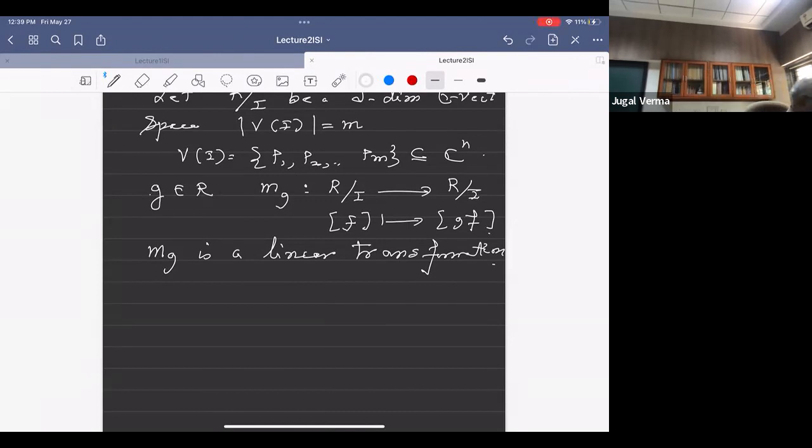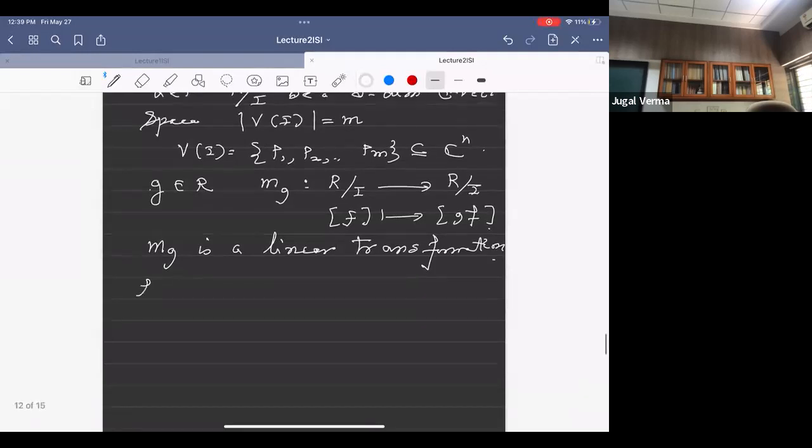So take an arbitrary polynomial g, and suppose my variety is finite. It consists of these m distinct points p1 up to pm. And we have interpolation polynomials.